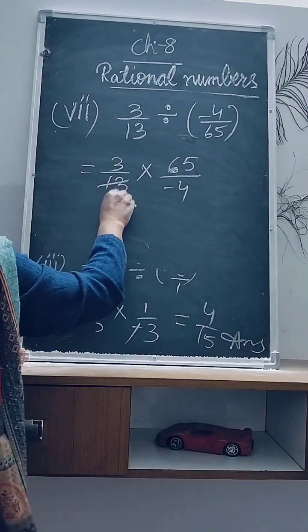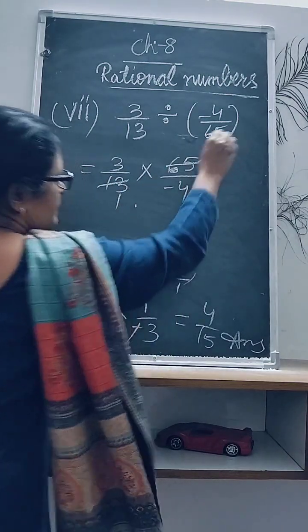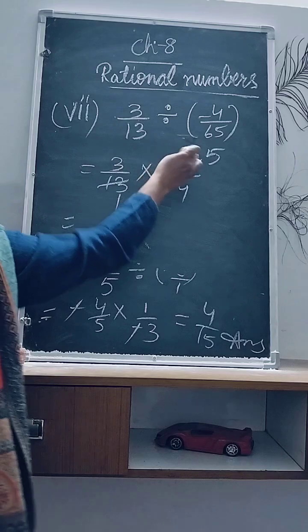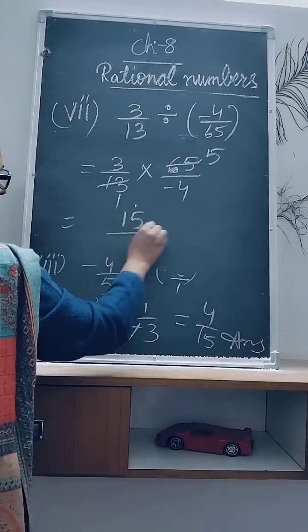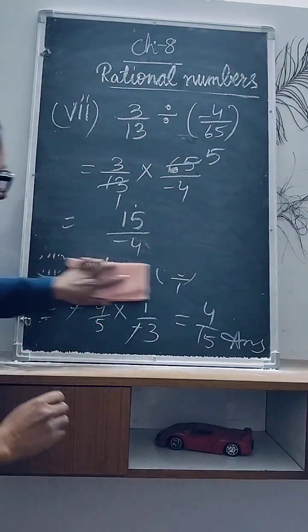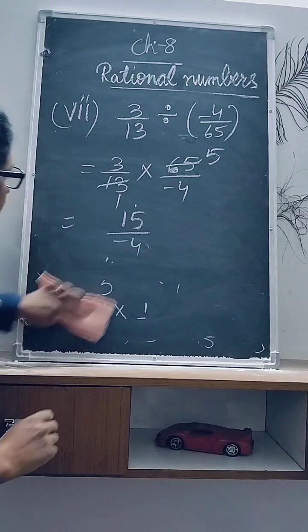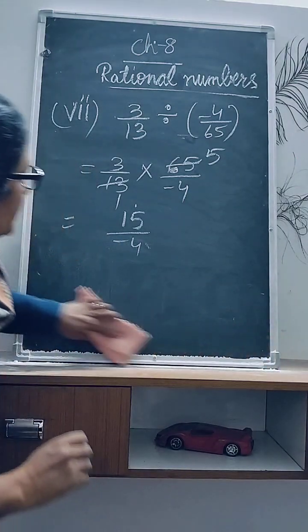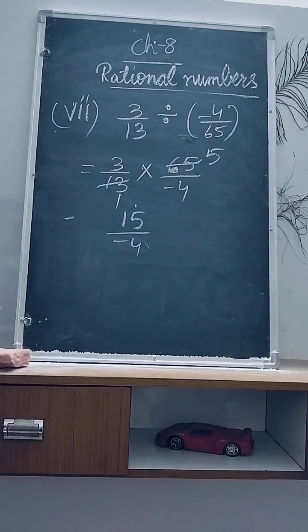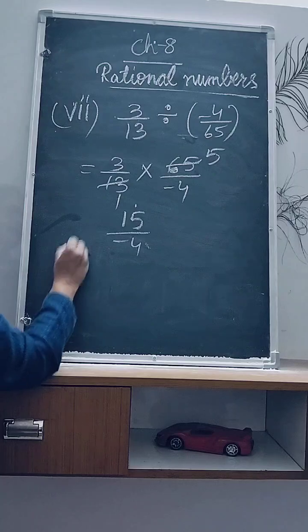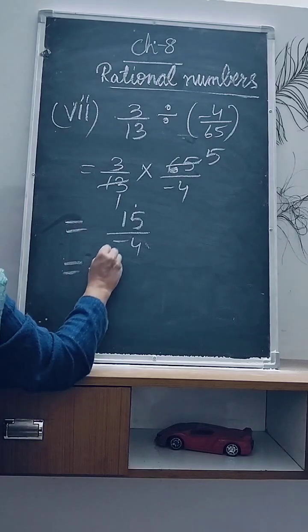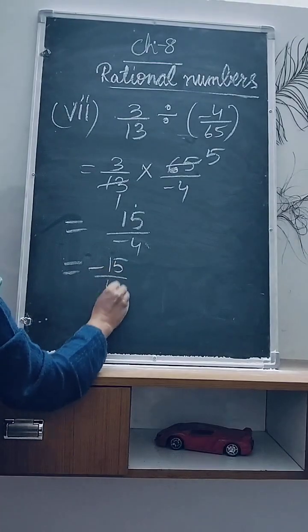Now 13 ones are 13, 13 fives are 65. 3 into 5 is 15 upon minus 4. When we are writing the answer, it should be in standard form. Just remember that when we are writing the standard form, the negative sign will always be with the numerator. Okay?